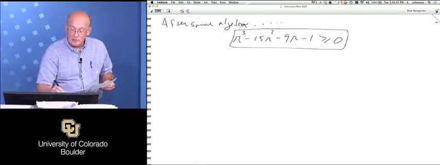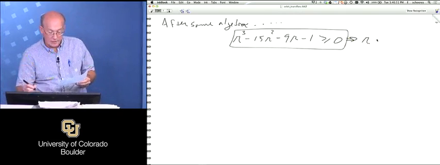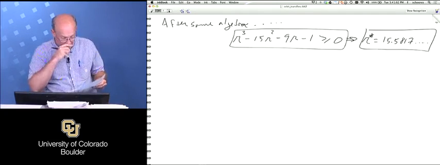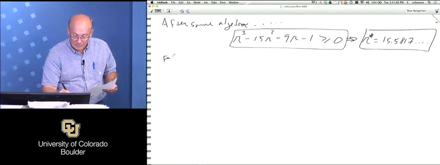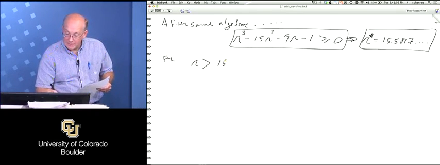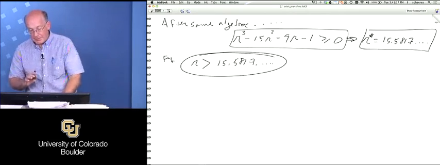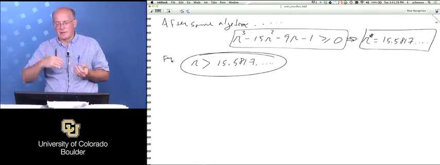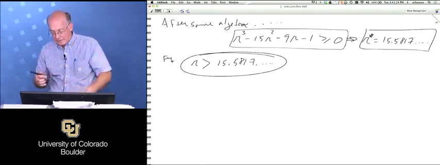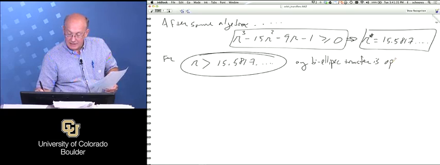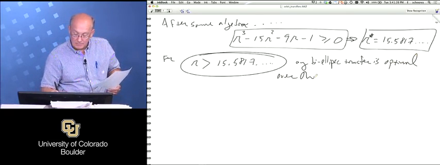There's only one root that we're interested in here that's greater than 1, and that is r equal to 15.5817, etc. And so what this means is that for r greater than 15.5817, if the ratio of the final circular orbit to the initial circular orbit is greater than 15.58, etc., any bielliptic transfer is indeed optimal over the Hohmann transfer.